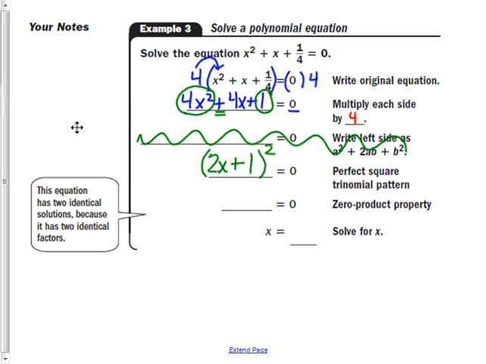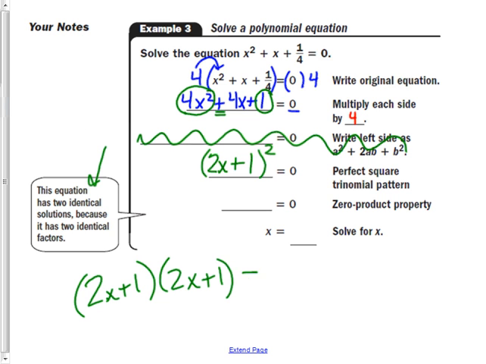Now, this equation has two identical solutions because the factors are identical. So we know that 2x plus 1 times itself, 2x plus 1, equals 0, because that's the way the equation was set up. But we only really have to solve for 0 once.